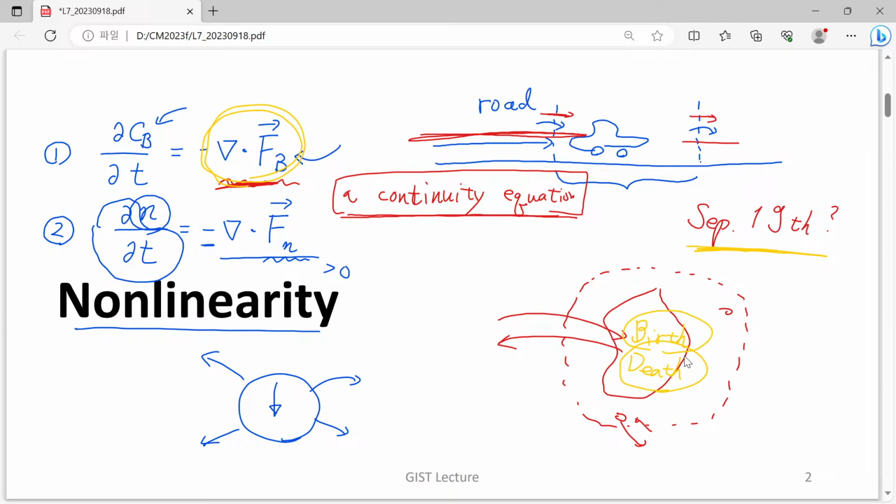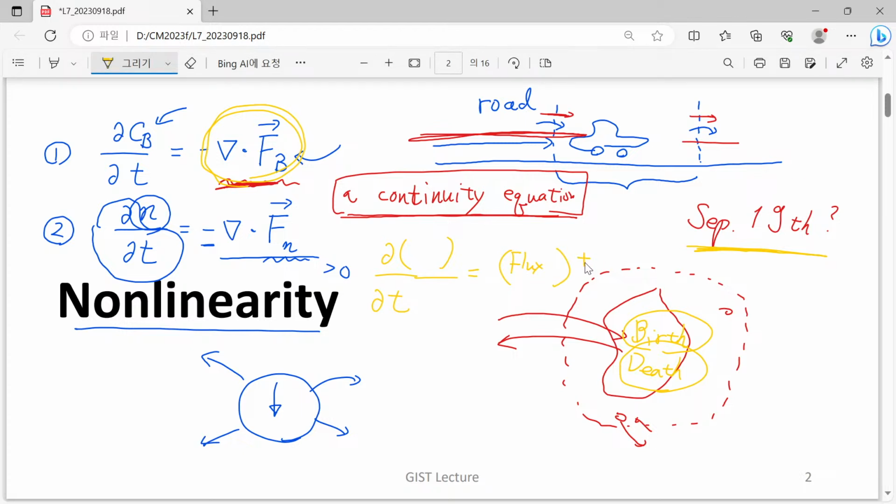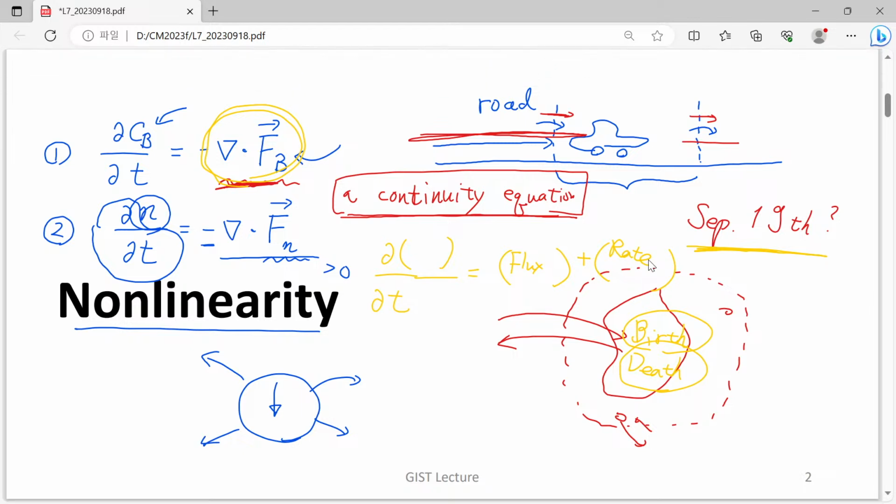In general, the time derivative of such a density related term is written as flux related terms plus rate related terms. We must consider those things.